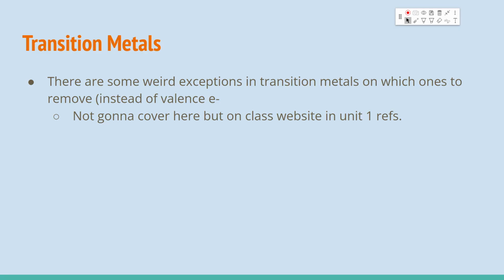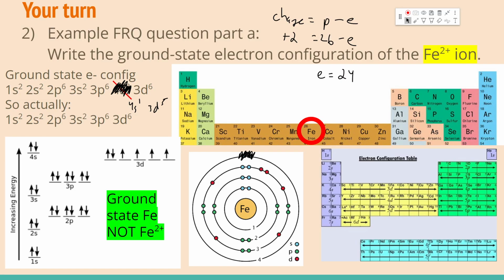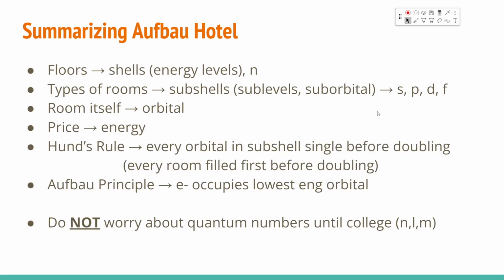So if I go back to this, for example, each of these electrons here has its own name or story or whatever you want to call it, right? And so if I wanted to talk about this one, it will have its own N, L, and M for quantum numbers. But again, that's more of a college thing and not an AP Chem thing for some reason, so you don't need to worry about it.